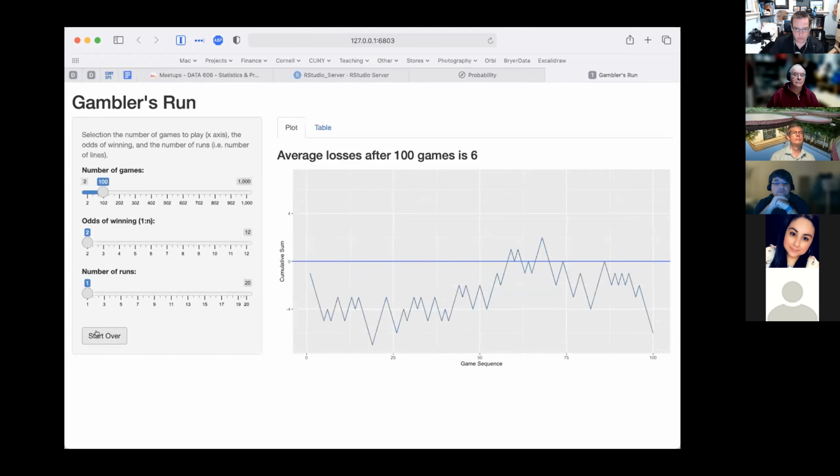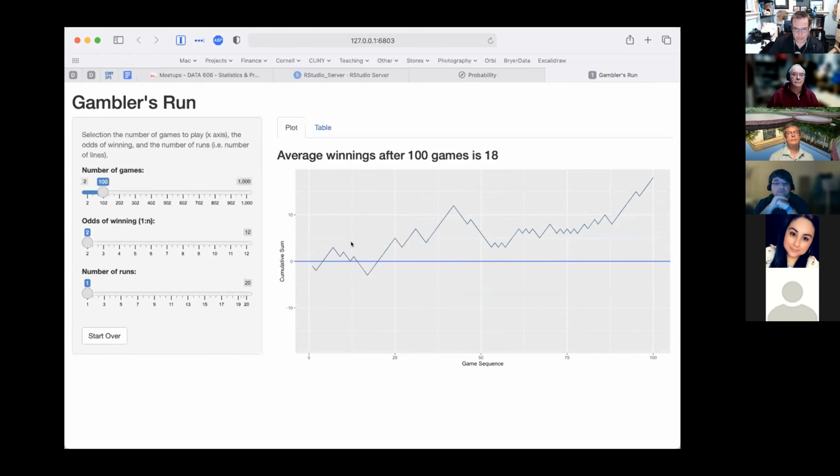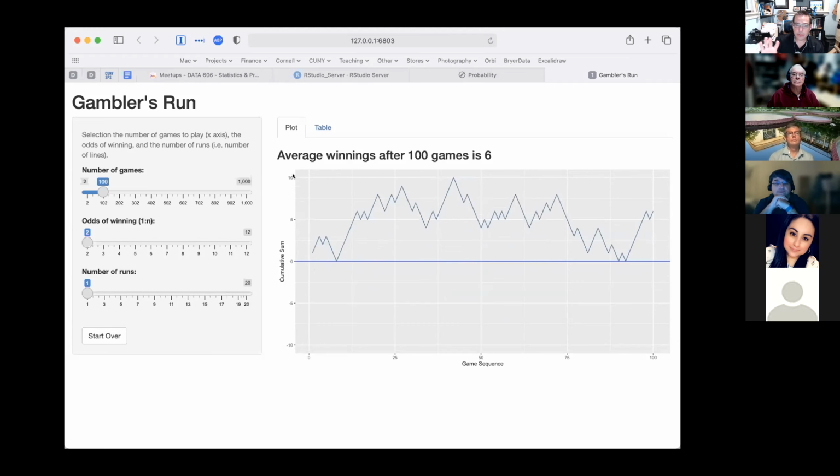But so we can do this over and over, and you're going to end up at different places. Notice that we tend to be between -10 and 10. So let's just think about what the possible range of outcomes could be. If I only got heads, I would add, and I could end up at 100. If I only got tails, I would end up at -100.